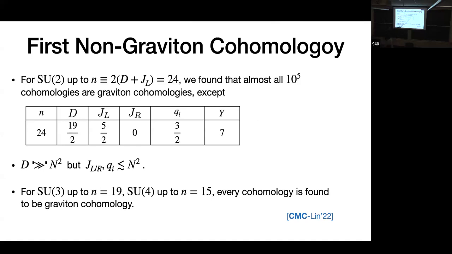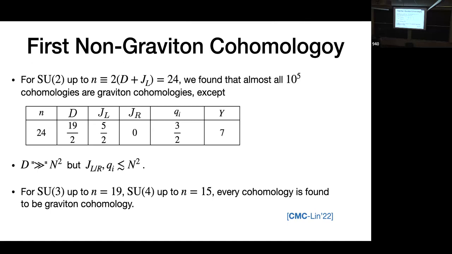Then there are roughly 10 to the 5 cohomologies, and almost all these cohomologies are graviton cohomologies, except this one. It has dimension 19 over 2, and J left 5 over 2, and 0 J right, and also 3/2 for this QI.